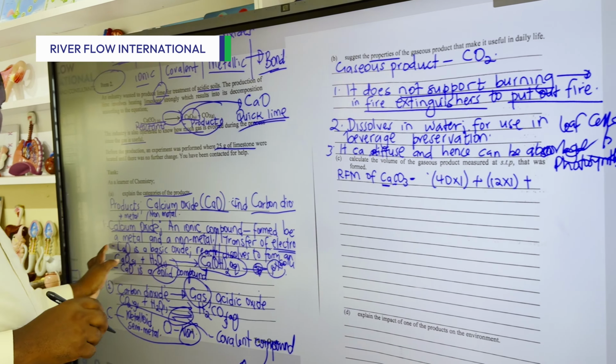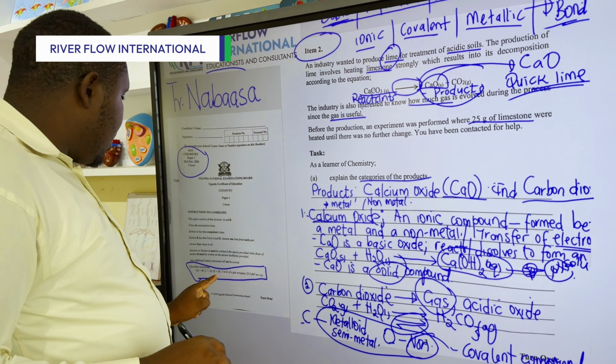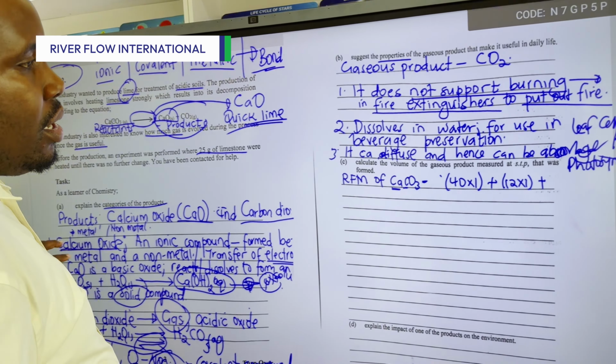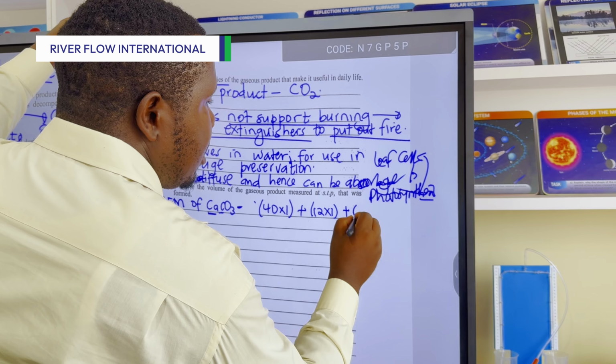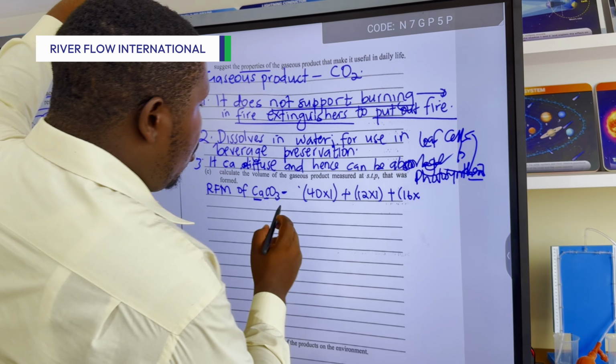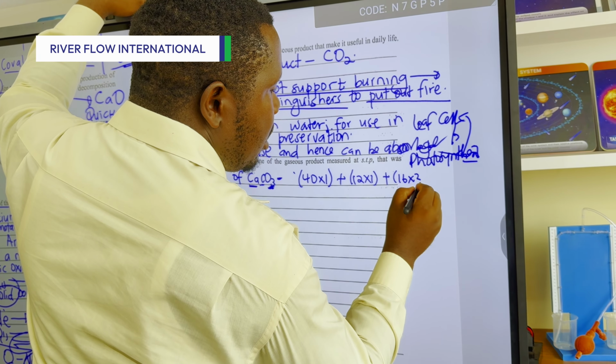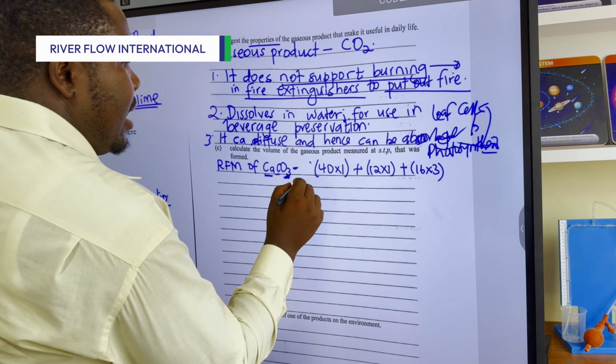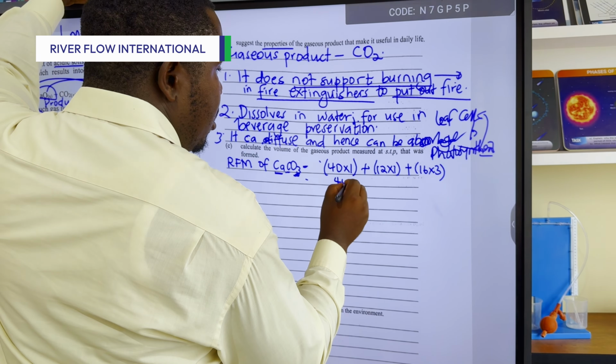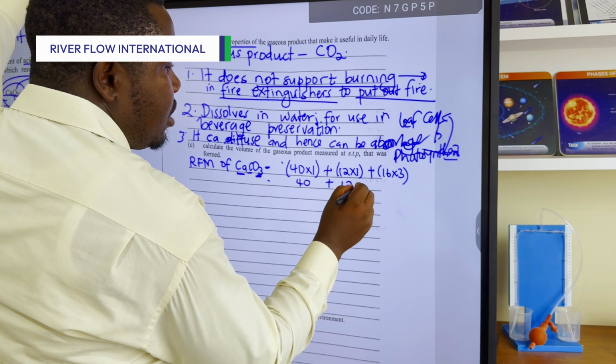Then you say plus. We have oxygen. They said oxygen is 16. So we are going to say 16 times how many? There are 3 atoms of oxygen in this, times 3. Then you come and add. So you get 40 plus 12, which is 52.